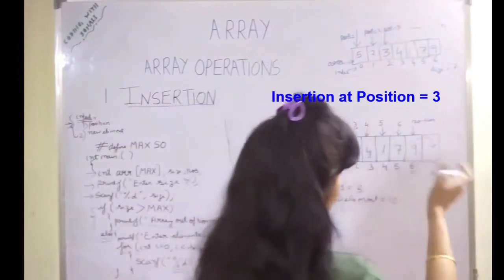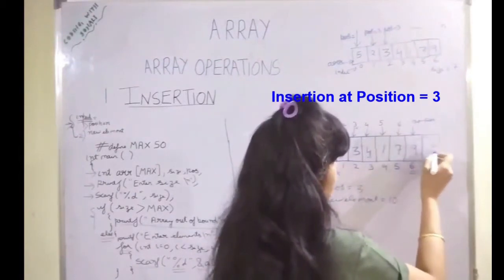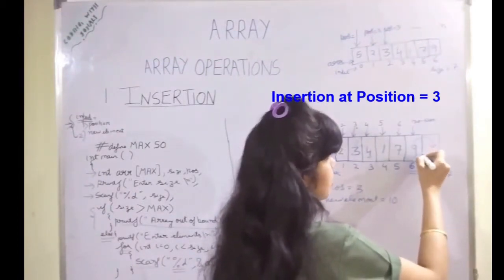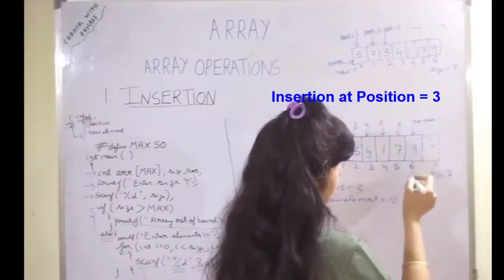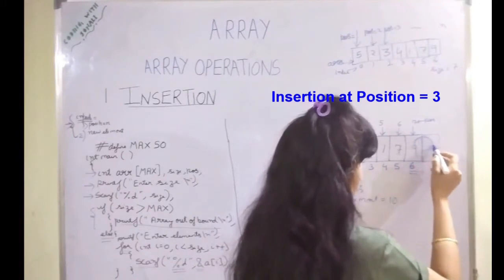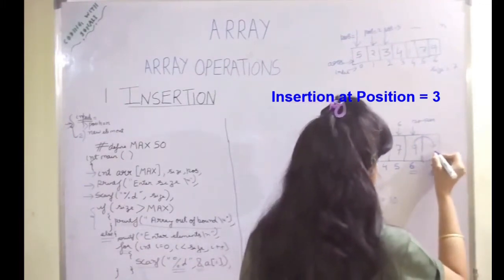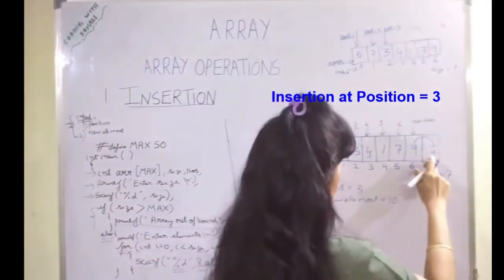So we can insert the element. We have that capacity and there is no element present here. Nothing will get overridden because no element is present in the next position of this 9 element. So we shift this 9 here, and we get 9 here.